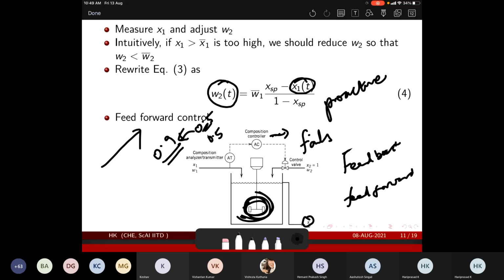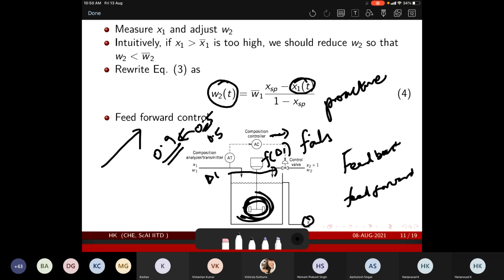Yes, sir. Because your product is not X1, it's a mix of W1 and W2. So you should be able to calibrate and foresee what delta 1 is translating to, whether delta 1 is exactly delta 1 or a function of delta 1. Sometimes the change here may be magnified, or it may have a linear relation, or you may have a very different relation. Are you getting this point?